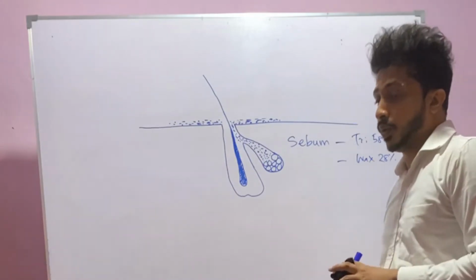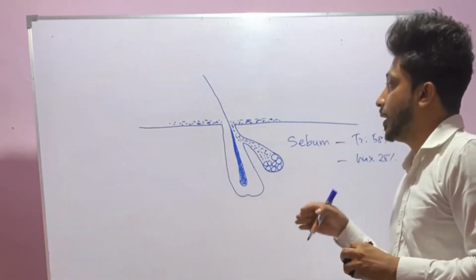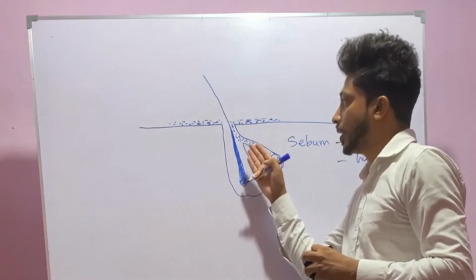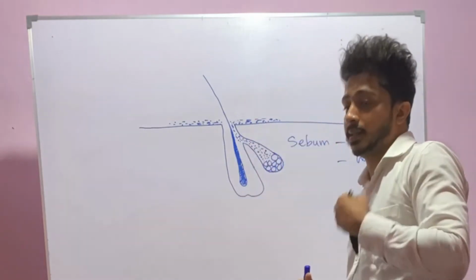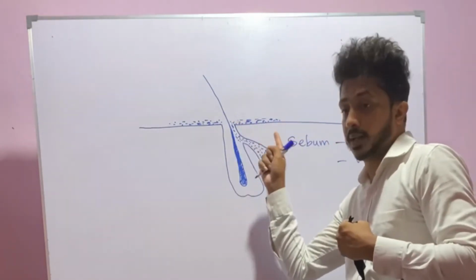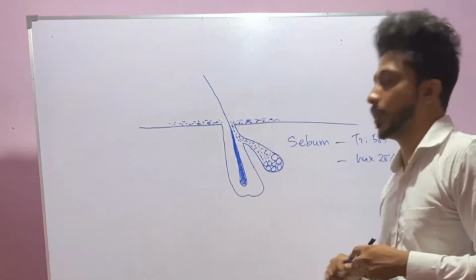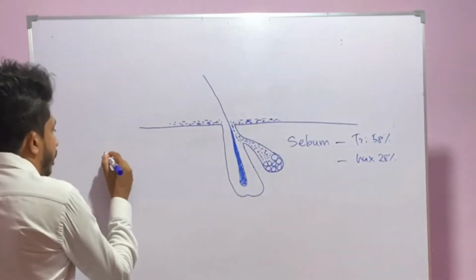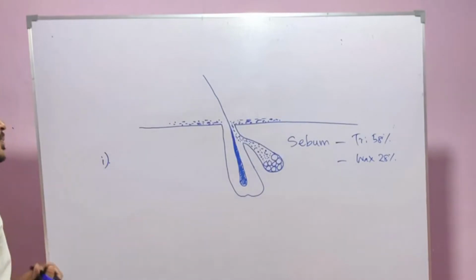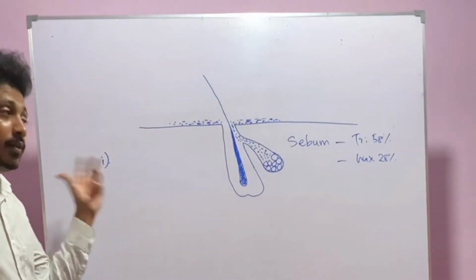Except those 2 areas, all the other areas have follicles. That means our body is covered with that lipid layer. Why this lipid layer? There are 2 reasons for this lipid layer, and those are actually the advantages.